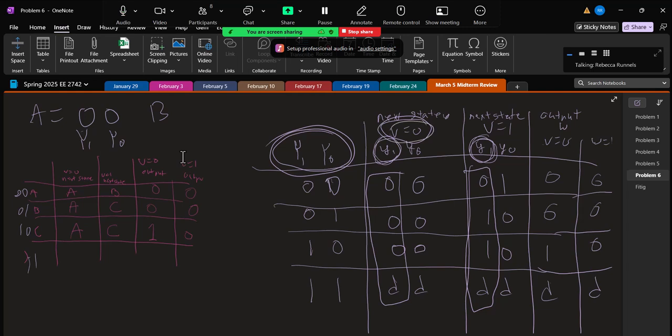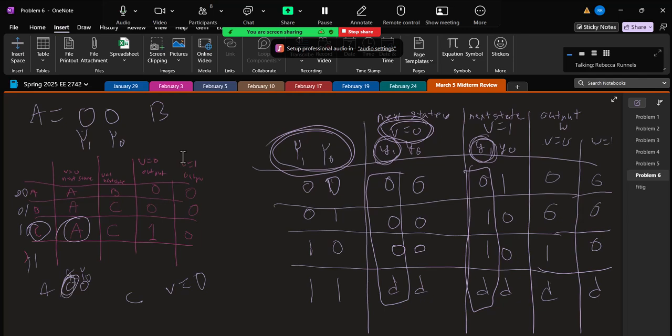And so how do I figure out what the next y1 is going to be? Let's say that I'm currently in state C and V is equal to 0. Then my next state is A. A is 0, 0. This is y1, y0. So my next y1 is going to be 0.